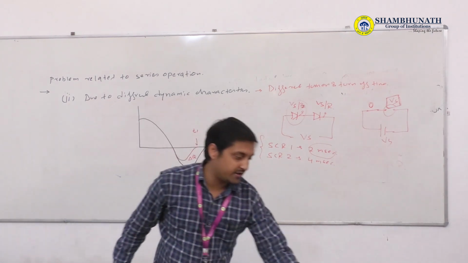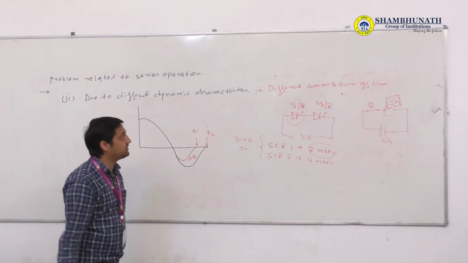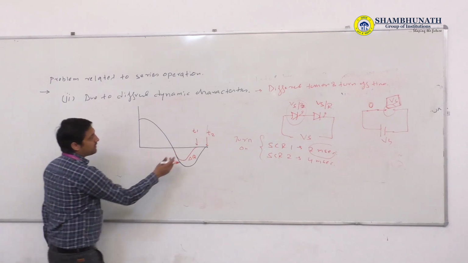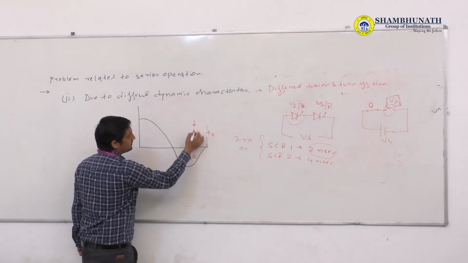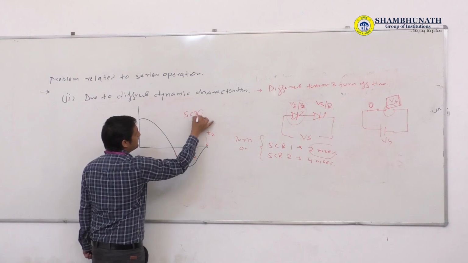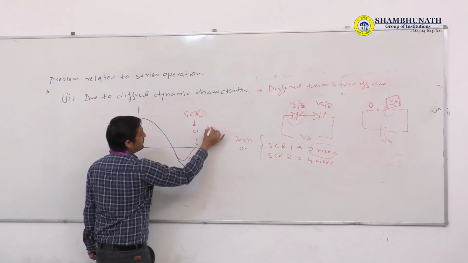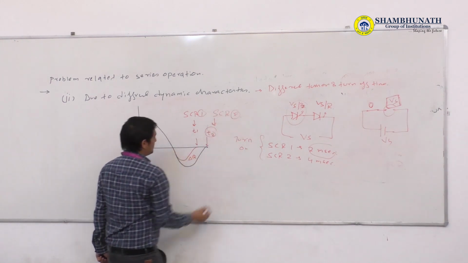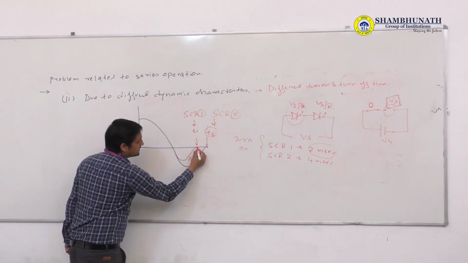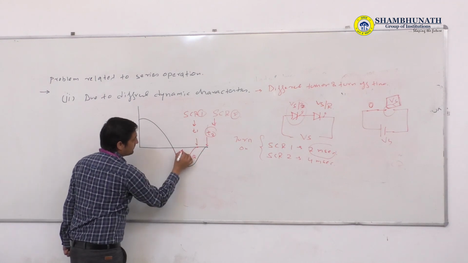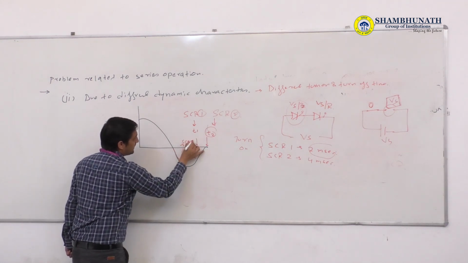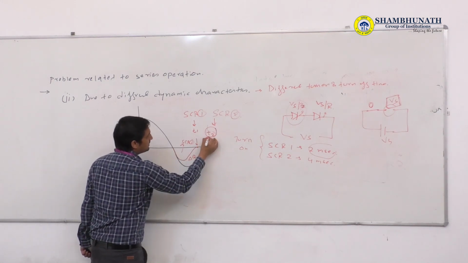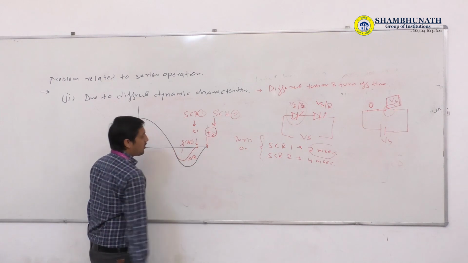The same happens during the turn off time. Here the turn off time of thyristor 1 is T1, while the turn off time of thyristor 2 is T2. This is the time T1 when SCR1 gets turned off, while this is the time when thyristor 2 is turned off.